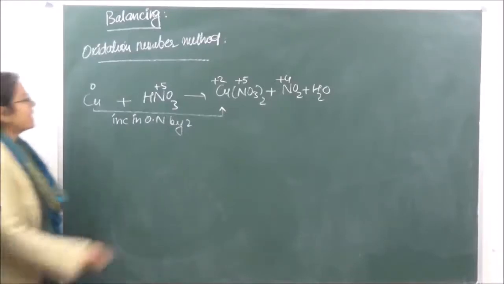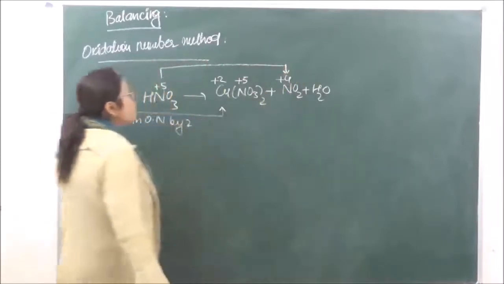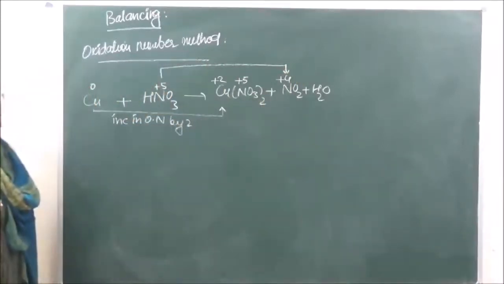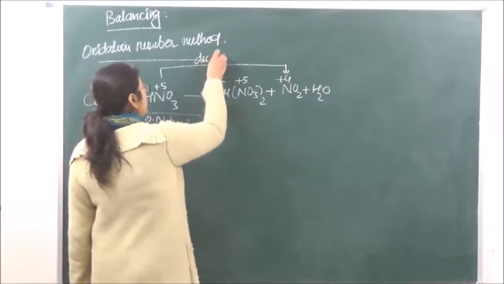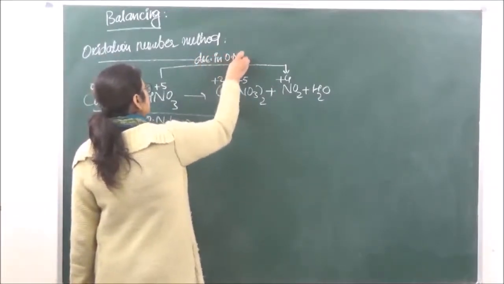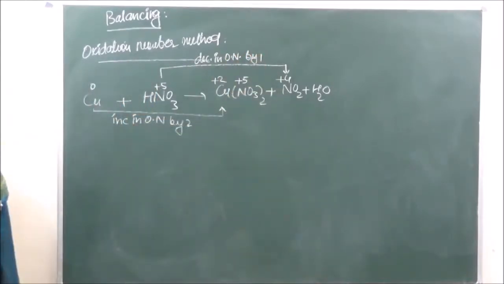And nitrogen is going from oxidation number of plus 5 to plus 4, so there is a decrease in oxidation number by 1. Okay, so over here we are going to put the nitrate ions as it is.